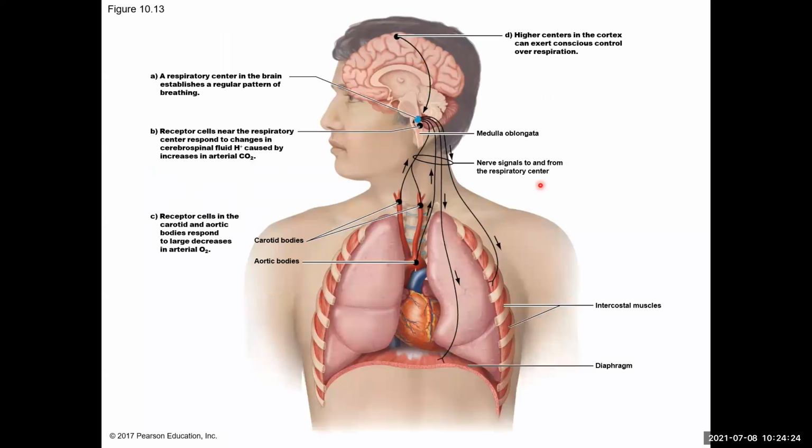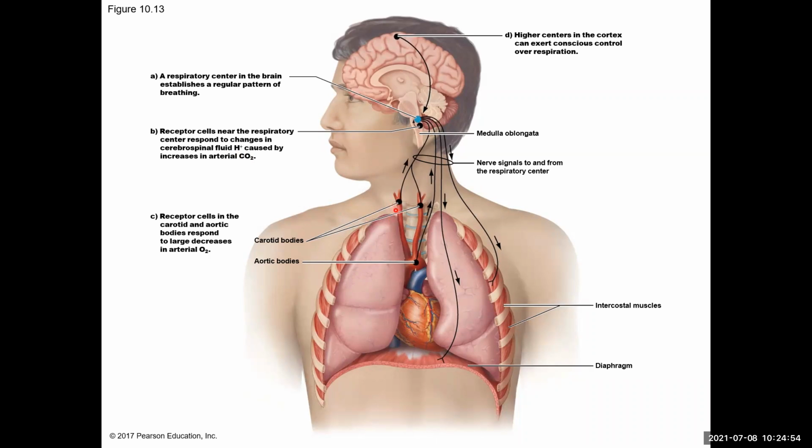So here's a figure showing how this relationship exists in terms of the medulla oblongata regulating the respiratory rate. You have the medulla oblongata, which is the respiratory center, and then it controls or determines the rate of breathing, which is shown by the connection to the intercostal muscles and the diaphragm muscles, by indirectly responding to those changes of hydrogen ions.